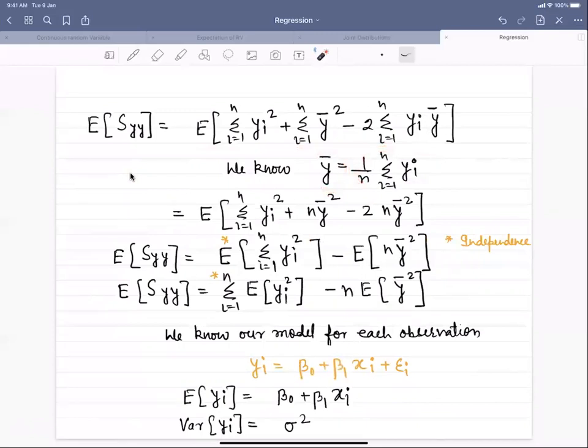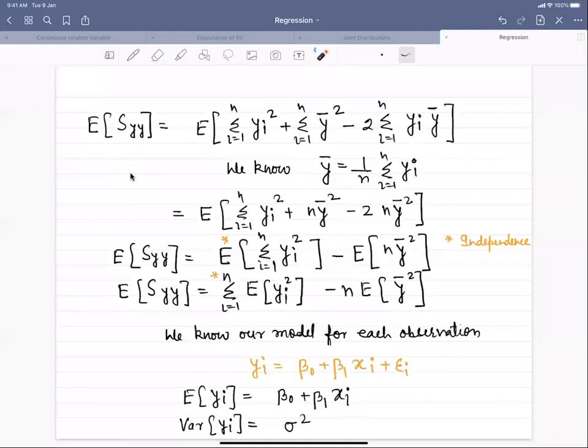The summation of y bar square, because this is a fixed value, will be n y bar square when summed over n. And the summation over i=1 to n of yi can be written as n y bar. So it will be simply minus twice n y bar square. One of them will get cancelled, as we have seen before.